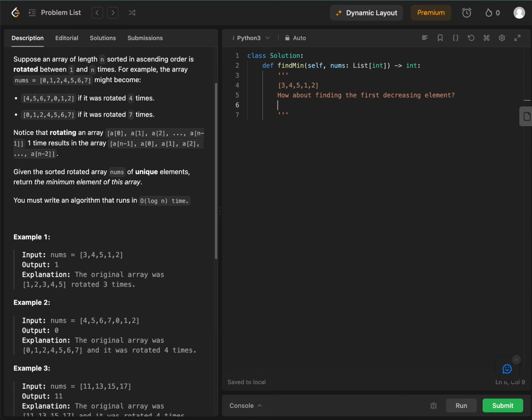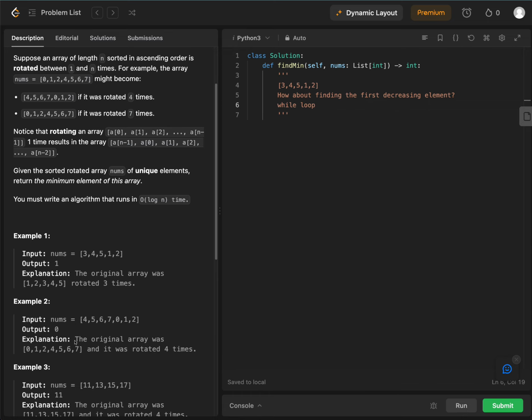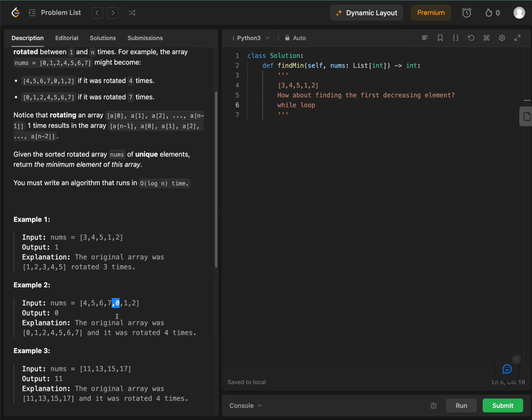So we have a while loop, while something, and then if the next element is smaller than the first element, then we know that it's decreasing. So does this work? We have 4, 6, 7, 0. We know that this is decreasing, so we know that this is the point where something changes.